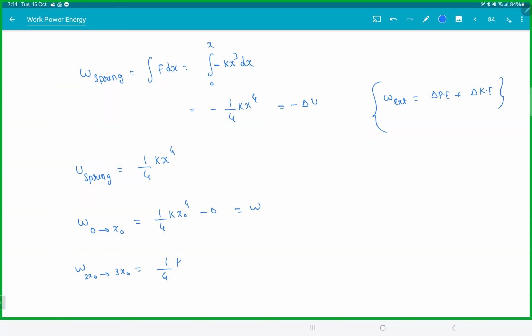This will be 1 by 4 k (3x naught) power 4 minus 1 by 4 k (2x naught) power 4. If I take out 1 by 4 k x naught power 4 common, this will be 3 power 4 minus 2 power 4, times W. This is 81 minus 16. That is 65 W.